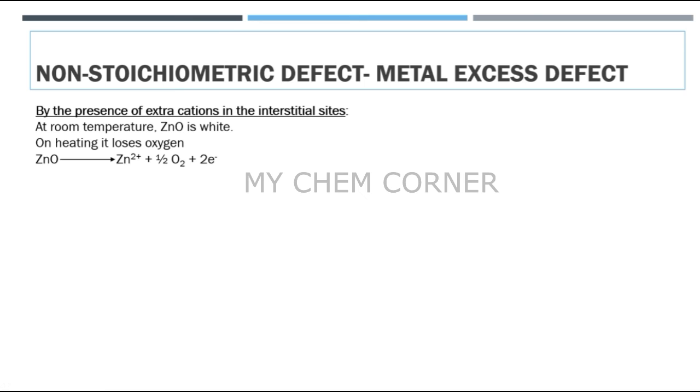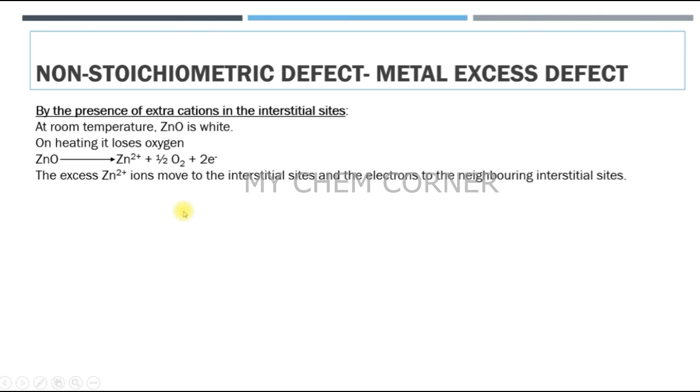Now there is excess of zinc 2+ in the lattice. Where is it going to go? It will move into the interstitial site, because zinc is a metal, a cation. It's a smaller size. So it's going to move into the interstitial sites, and the electrons to the neighboring interstitial sites.